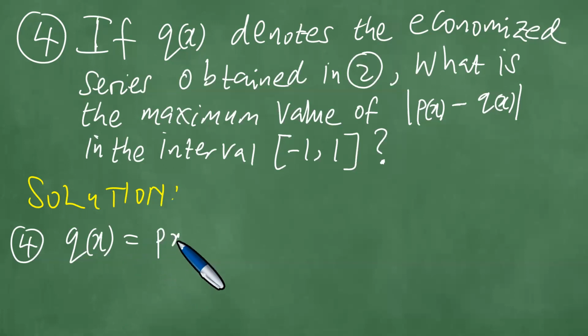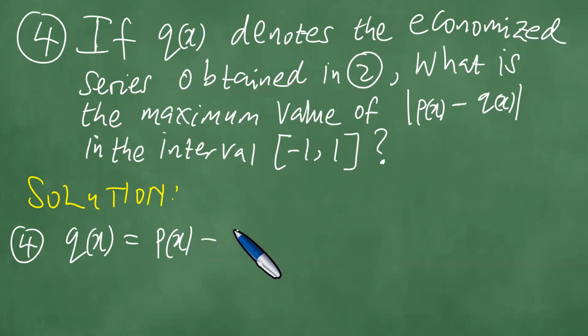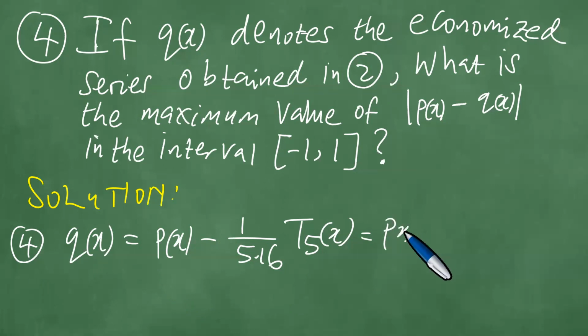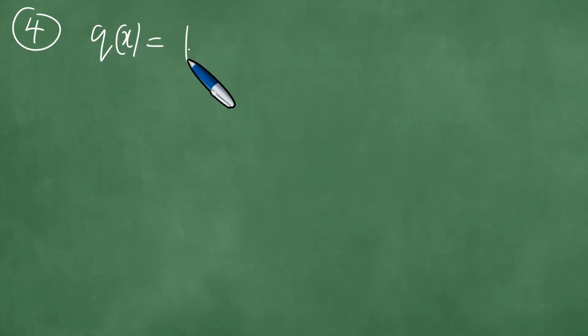So we called it P of x minus 1/16 minus 1/5 16th T5 of x, which is P of x minus 1 over 80.